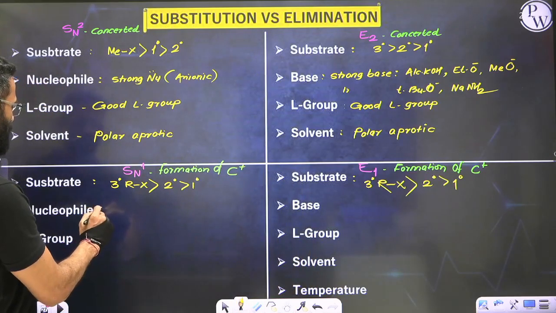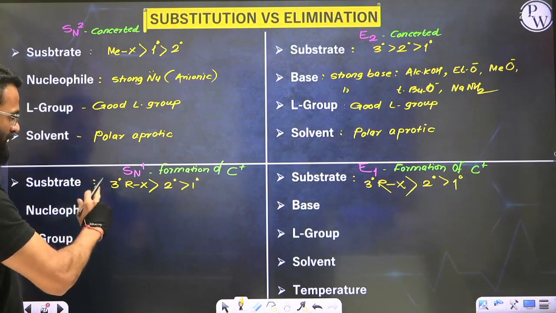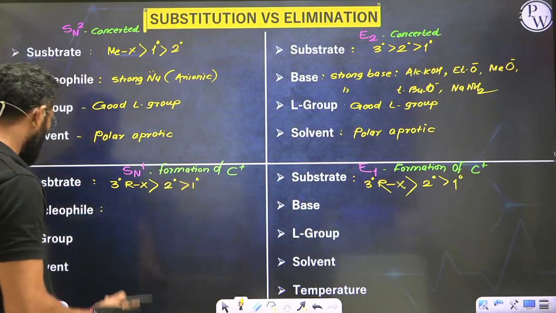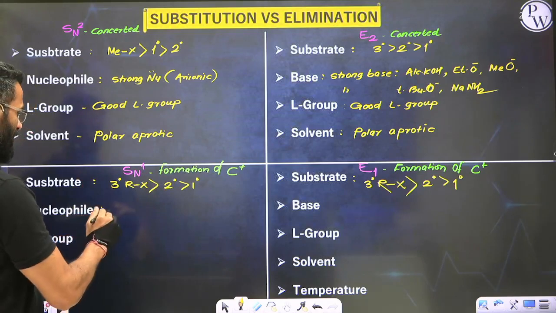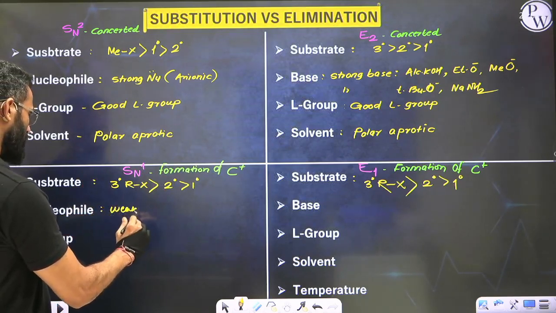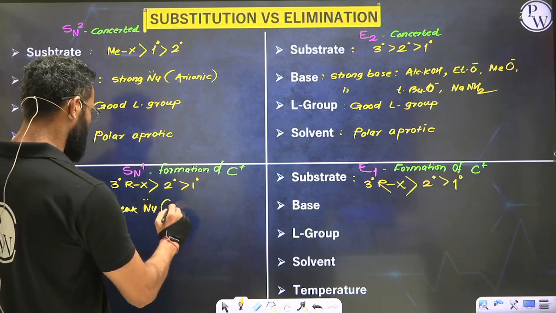Nucleophile in SN1. Well, in SN1, the rate expression says rate is directly proportional to the molar concentration of only the substrate, no nucleophile. So you don't need any anionic nucleophile. So the solvent itself acts like a nucleophile. So you can say weak nucleophile, in brackets, solvent itself.